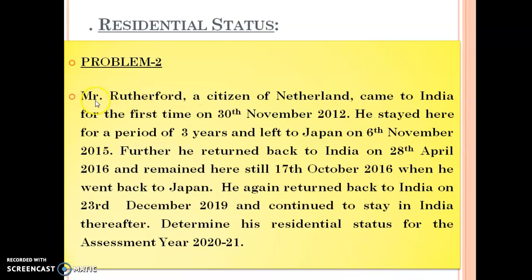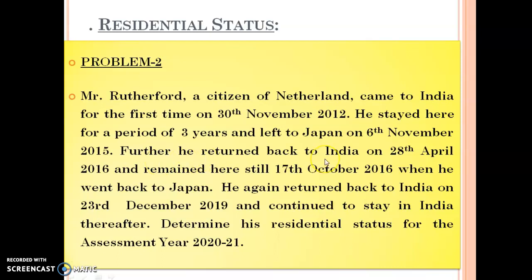The problem is: Mr. Rutherford, a citizen of Netherlands, came to India for the first time on 30th November 2012. He stayed here for a period of 3 years and left to Japan on 6th November 2015.